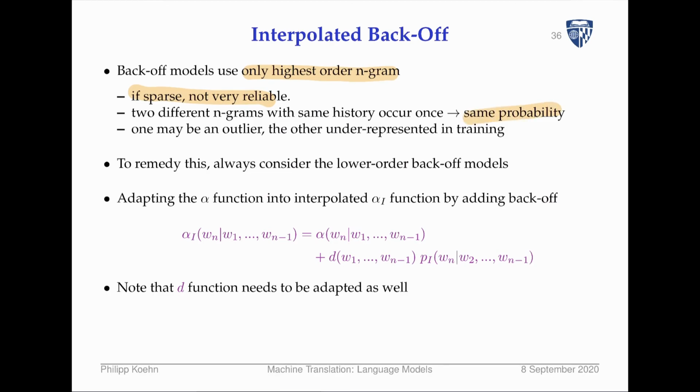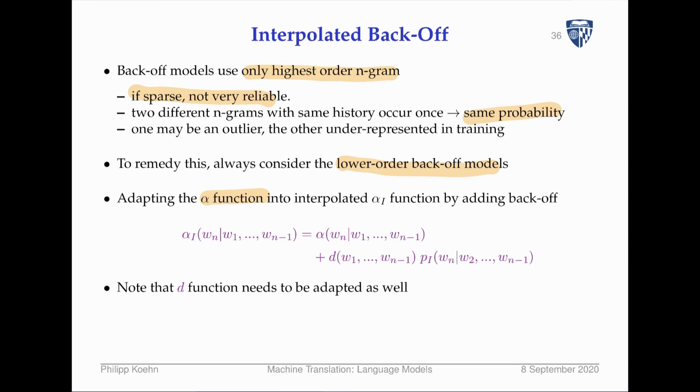One might be an outlier, the other one is just somehow underrepresented in training data. To remedy this, we always consider the lower order back-off models, adapting the alpha function into an interpolated alpha I function by adding back-off.